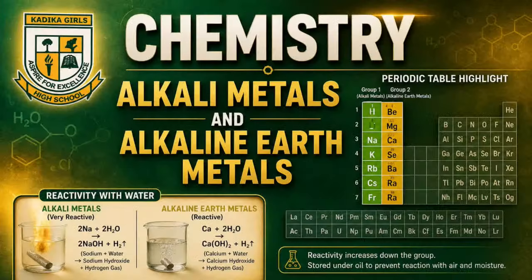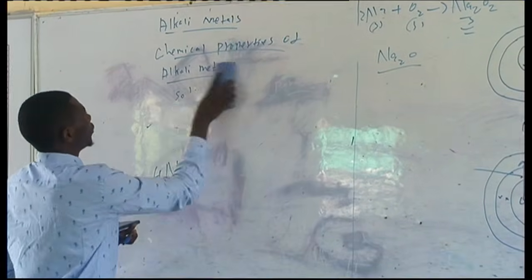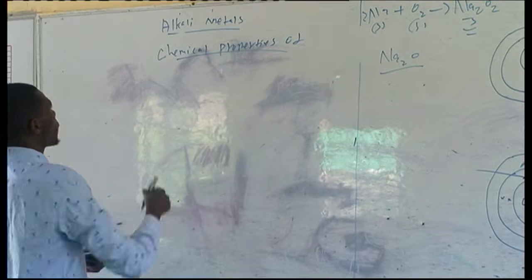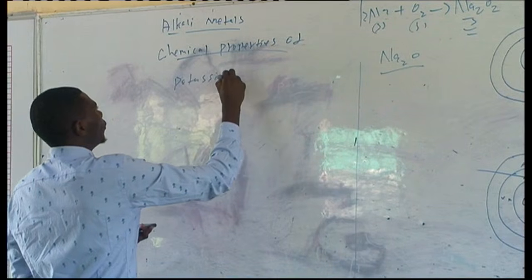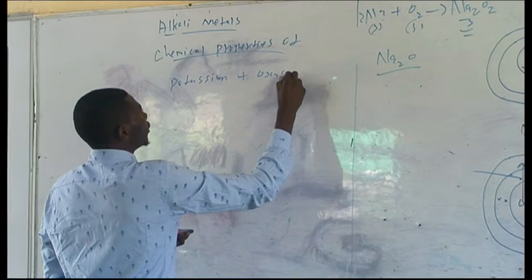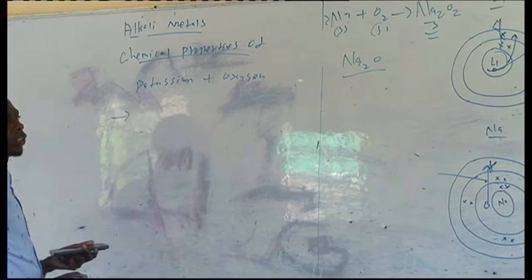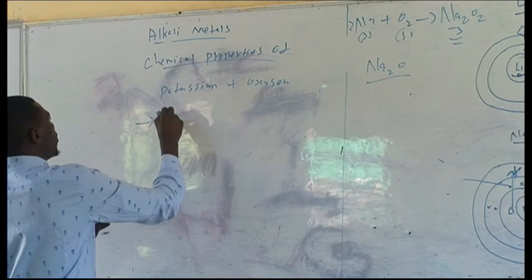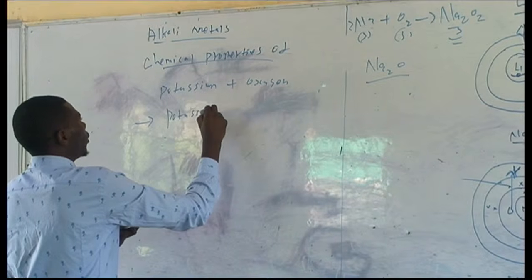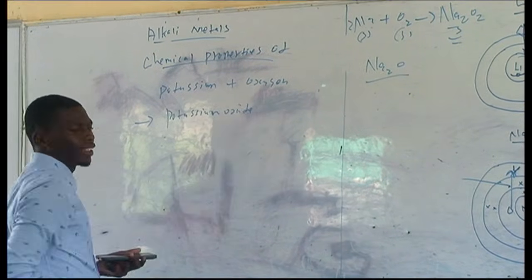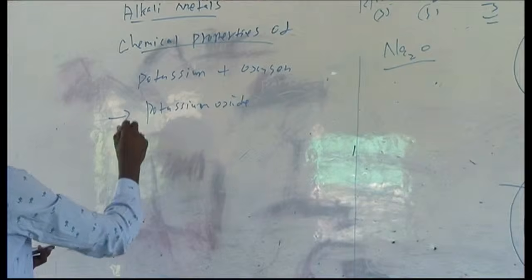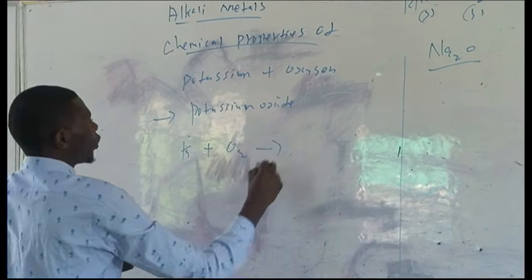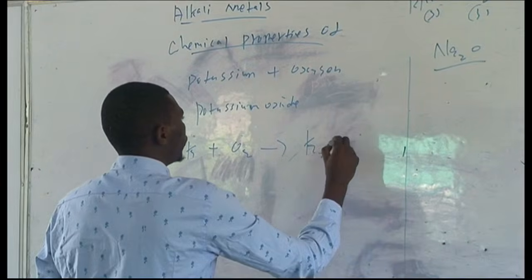We want to see how potassium reacts with oxygen. Potassium plus oxygen will produce potassium oxide.